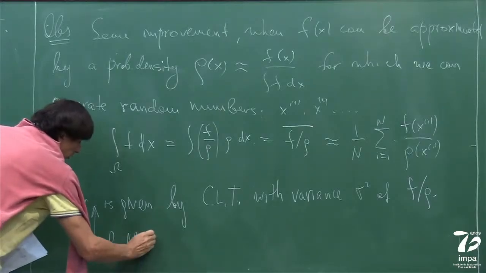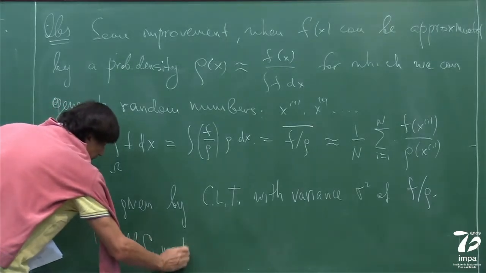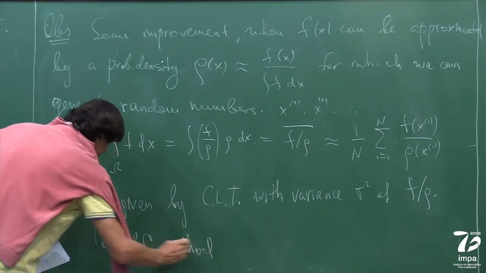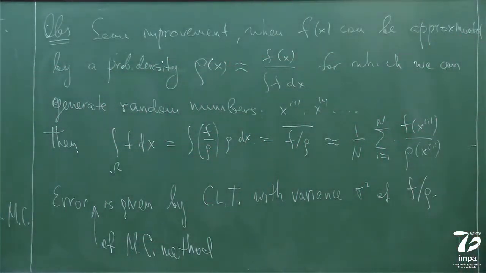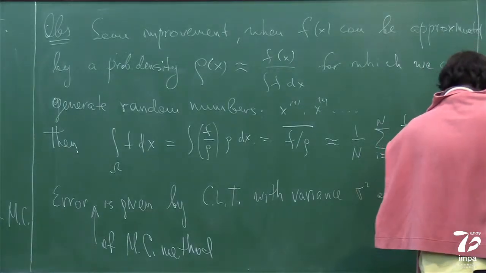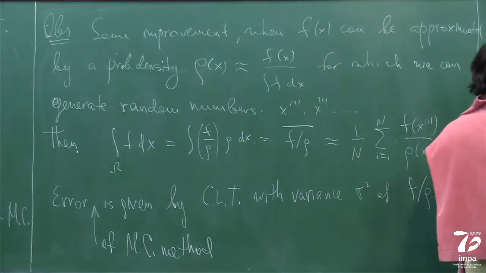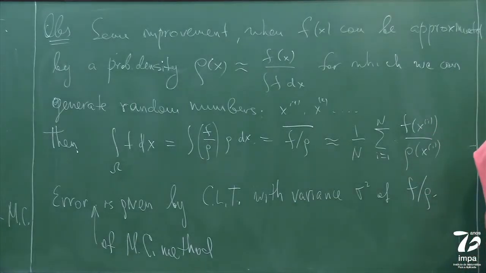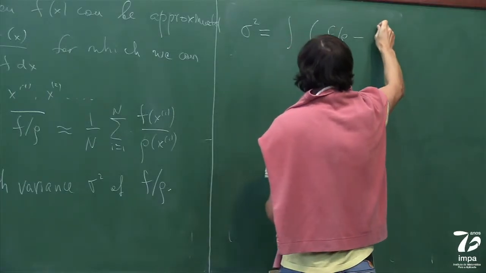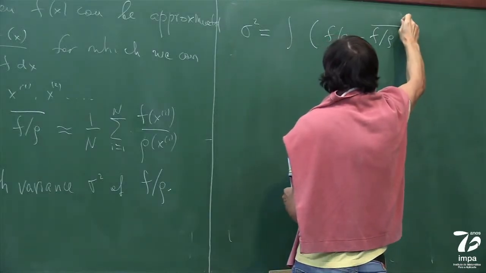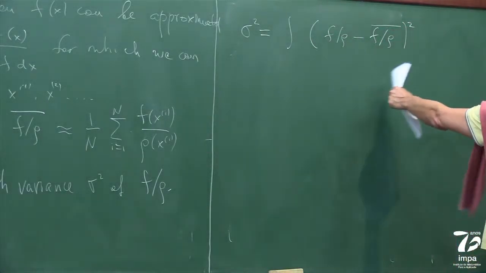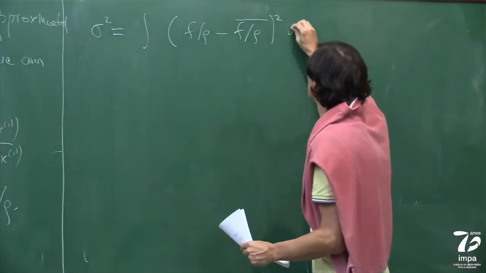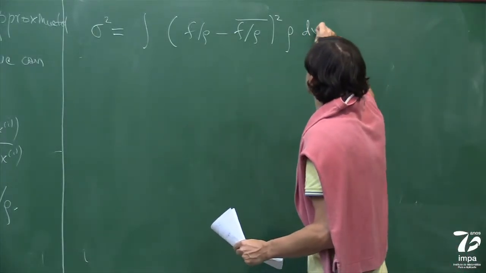We're back to Monte Carlo. So let's compute the variance. Sigma square is the integral of the function minus its mean value, squared. And I take the mean value of the whole stuff, so we have to multiply by the density function, dx.